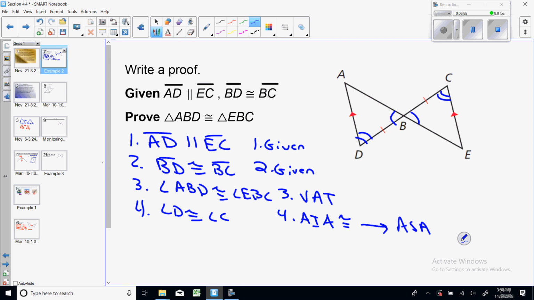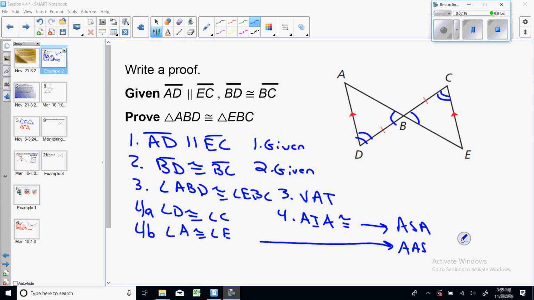But if instead I used angle A being congruent to angle E for my same reason, that would instead change my triangle congruence to AAS. So it depends upon which one you want to use as to how the triangles are congruent.